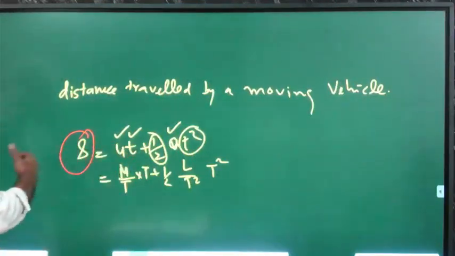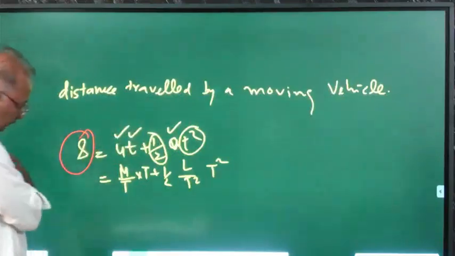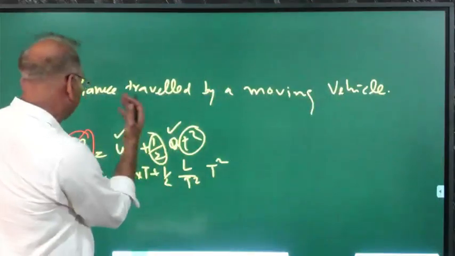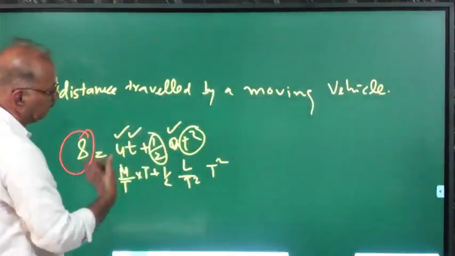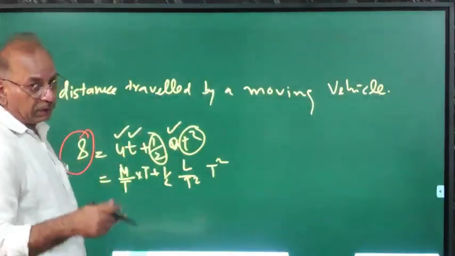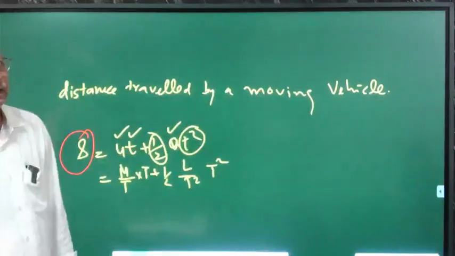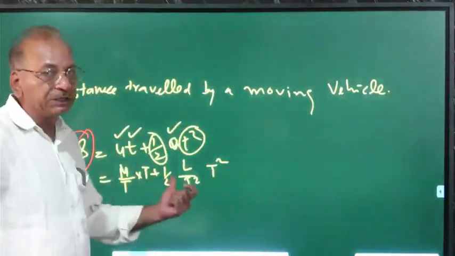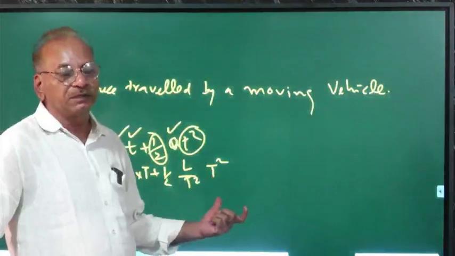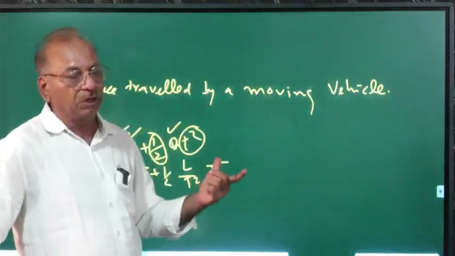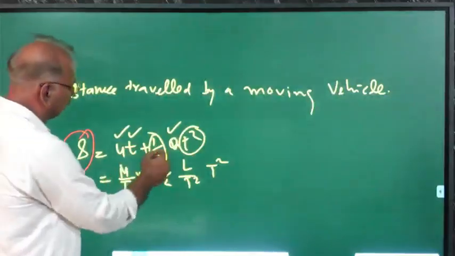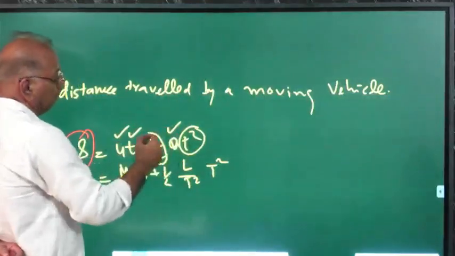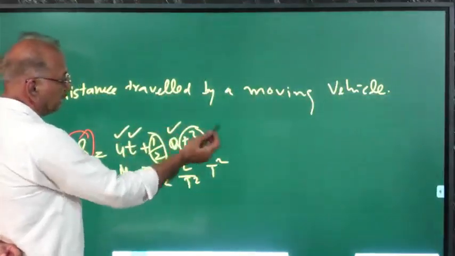So if we compare the left hand side quantity with the right hand side quantity, we are not concerned with the magnitude. We are only concerned with the dimension of this quantity. We write the dimension of all the terms on the right hand side.